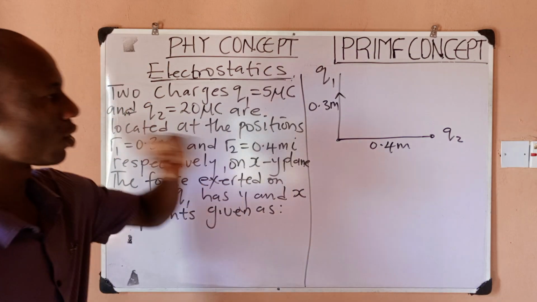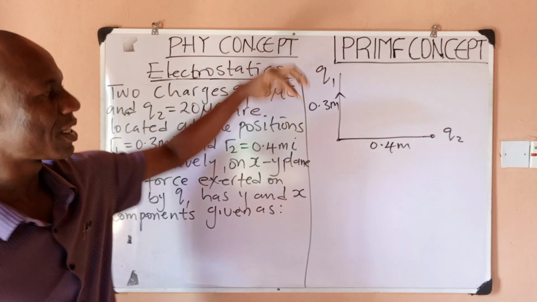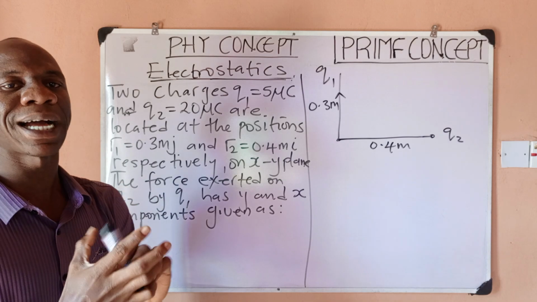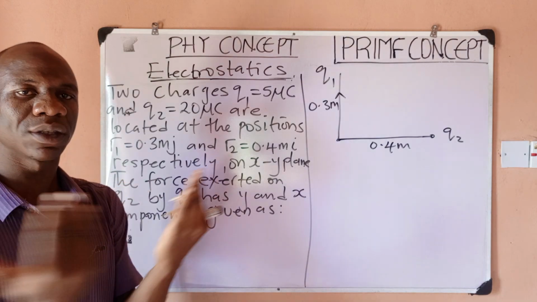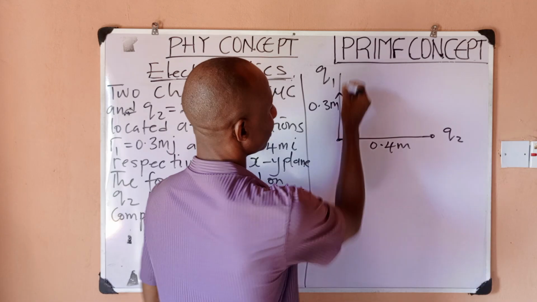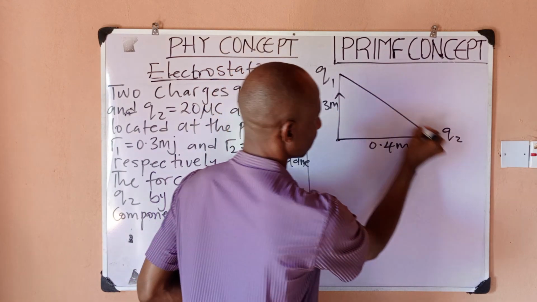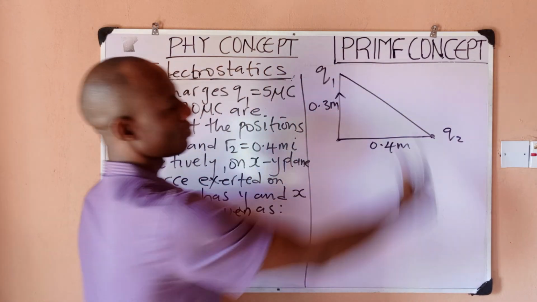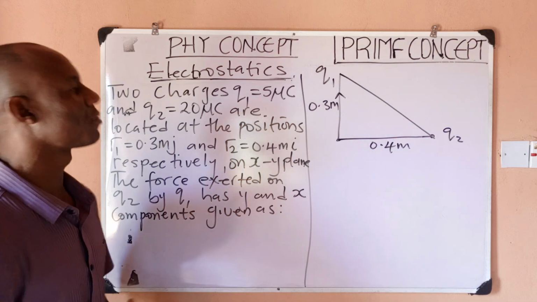The next thing you want to know is that Coulomb's force always acts along the line that connects the two charges. We have Q1, we have Q2, and the line that joins them is this. So this is where Coulomb's force, or the electrostatic force, would act.